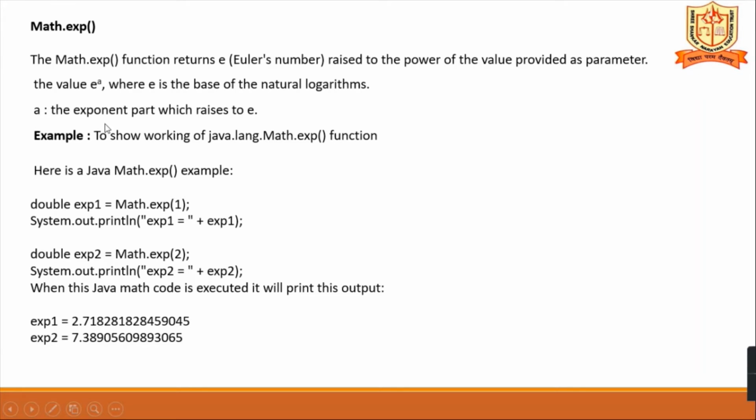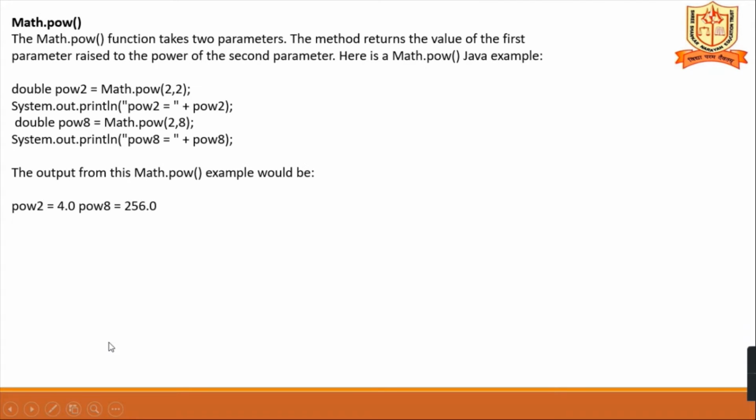So exponential of 1, e to the power 1, e to the power 2, like this, the value will be retrieved. So exp is a method, exponential of 2, exponential of 1, that will be retrieved.